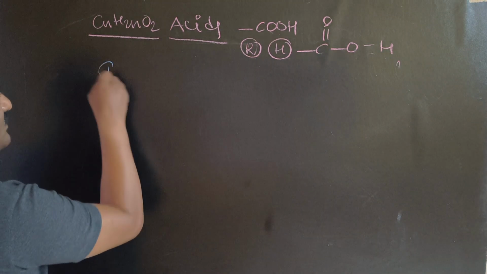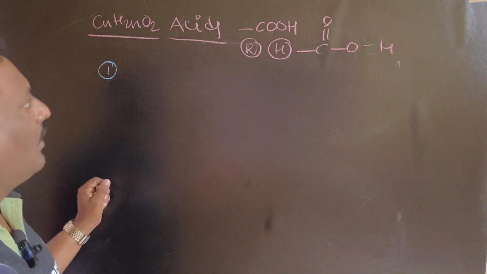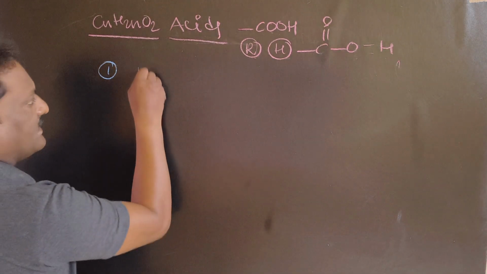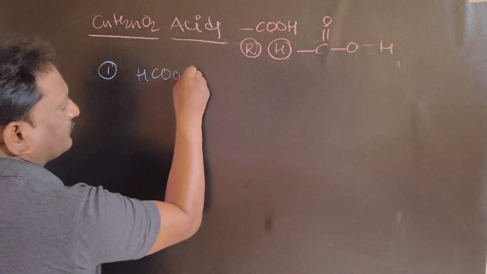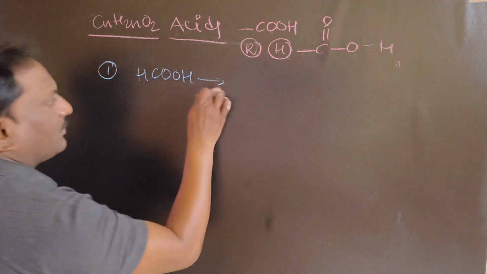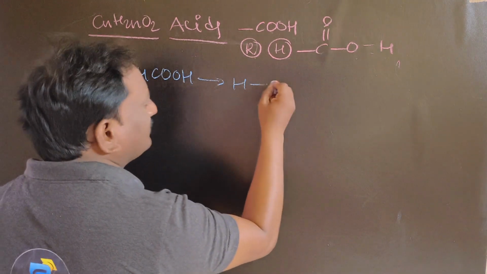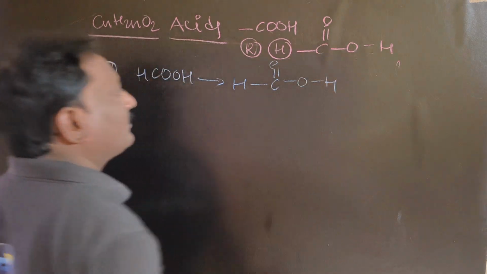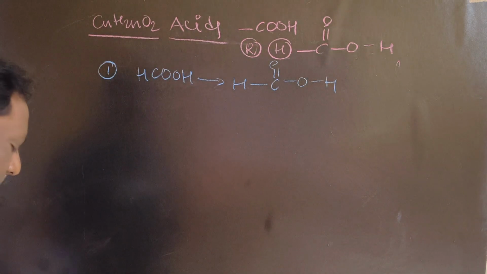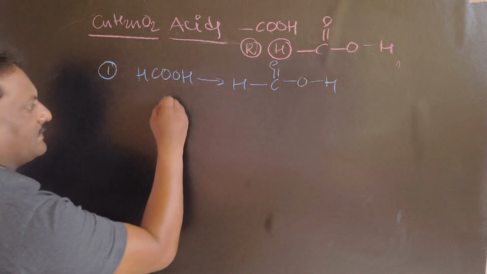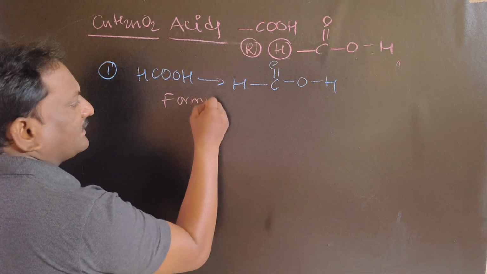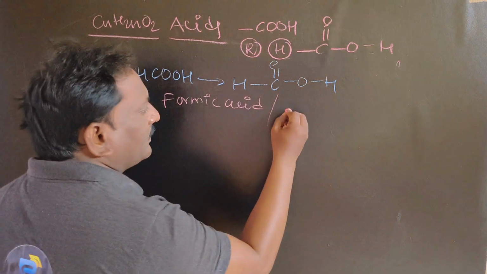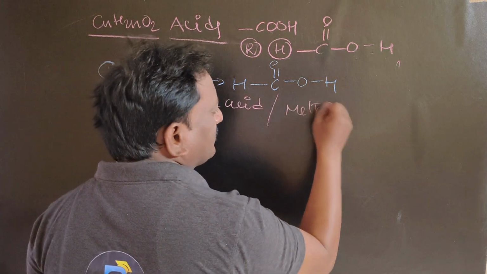So let us write the first member of carboxylic acid, HCOOH. You can write this structure in detail like this: C double bond OH. So this is called formic acid. The IUPAC name will be methanoic acid.